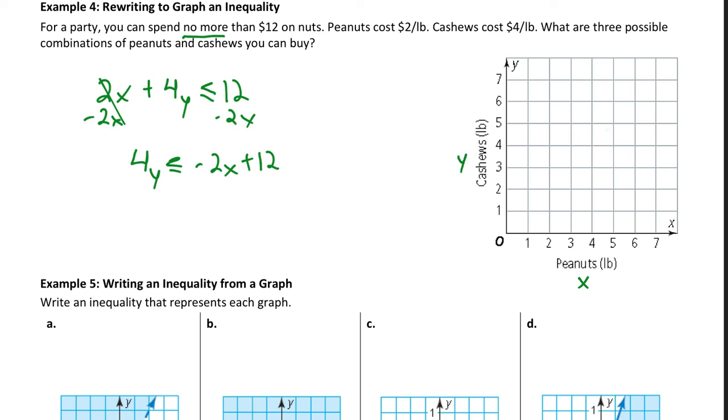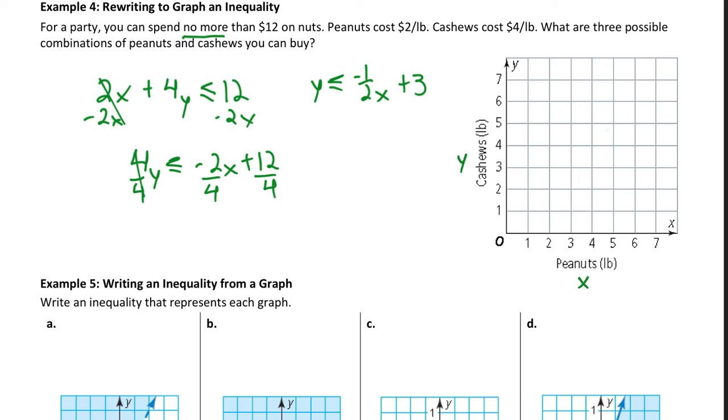And then my final step is to divide both sides by 4. And that means divide everything by 4. So my new inequality in slope-intercept form, to make it easier to graph, is y is less than or equal to negative 1/2 x plus 3. Okay? So that's an example of how to solve for y when y isn't isolated.